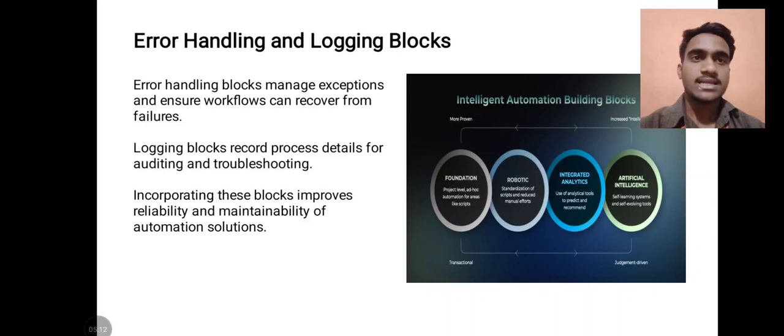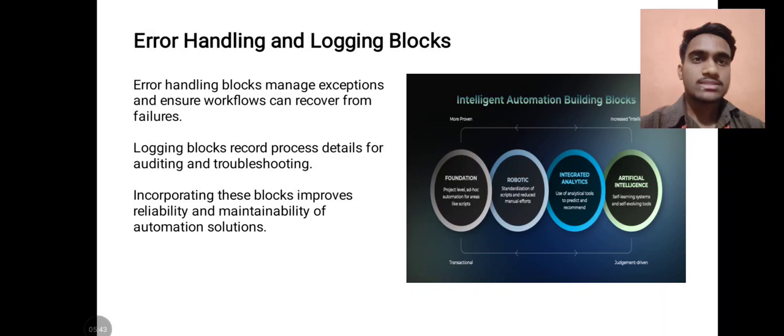Next, error handling and logging blocks. Error handling blocks manage exceptions and ensure workflows can recover from failures. Logging blocks record process details for auditing and troubleshooting. Error handling blocks are very useful, as they rectify the errors that occurred and simplify our work by finding out the failures in the process.